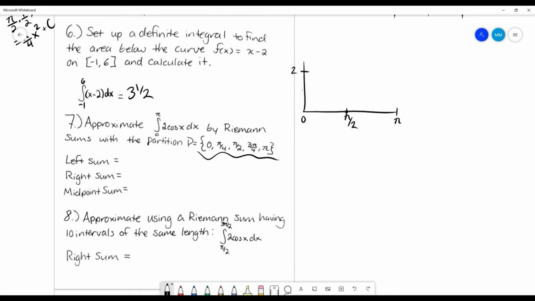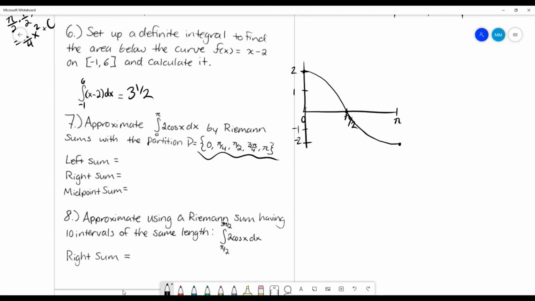I don't know why I blanked so hard there. So I know it starts up here and goes down, and it's going to look about there. Something like that. Right? That's what our 2 cosine looks like. It's going to be -2.